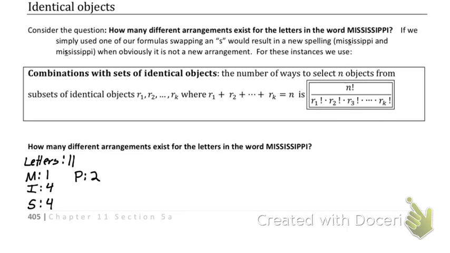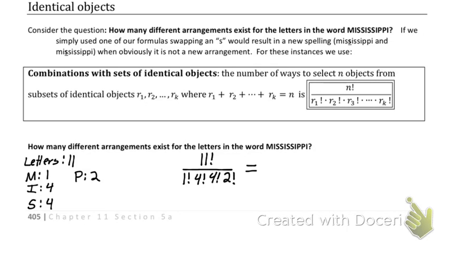All right, with spelling, with repeat, all we need to do is count all of our letters, how many things are repeated, and all we're going to do is we're going to take our total number of letters, 11 factorial, and we're going to divide by each of those as a factorial. So 1 factorial times 4 factorial times 4 factorial times 2 factorial.